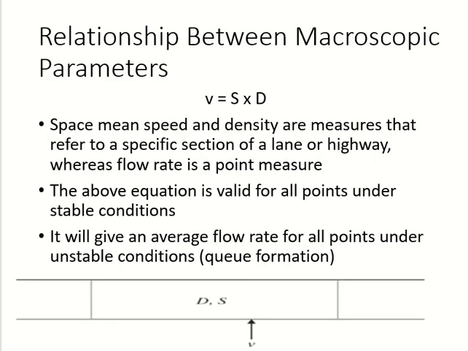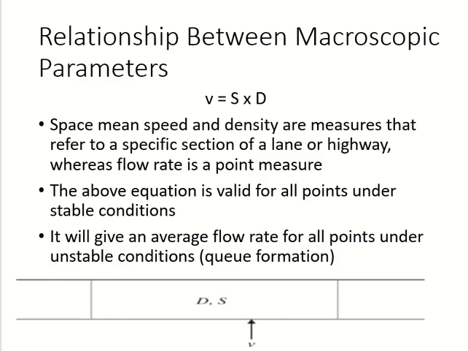We did these examples, and then we moved on to this equation, which is the basic traffic flow equation. Can someone tell me what is V and what is S and what is D? Mean speed and density. And the third one is? Rate of flow.